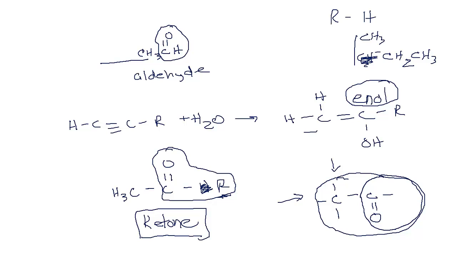All right, let's talk about another type of reaction. The next is the hydrohalogenation reaction. So this is kind of neat in that we've been talking about you have to have an acid catalyst in order for a reaction to happen.